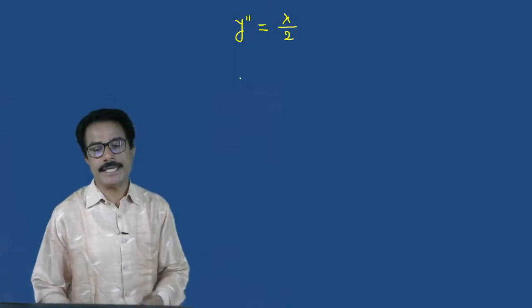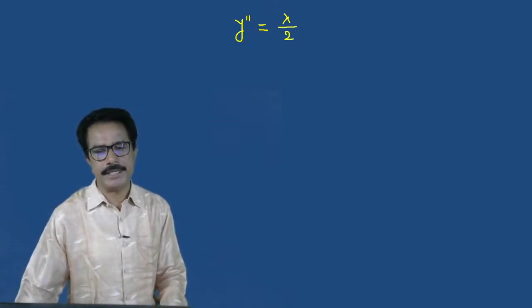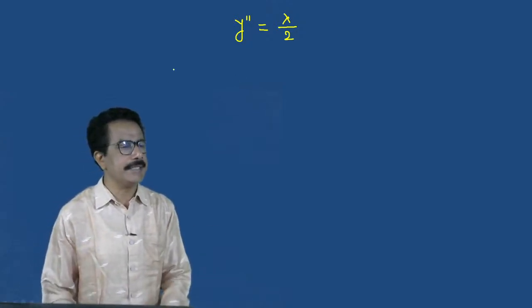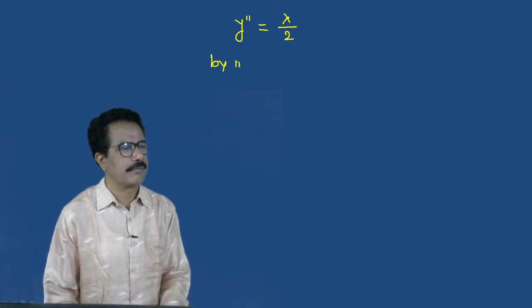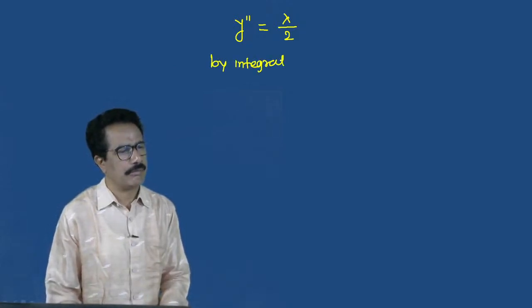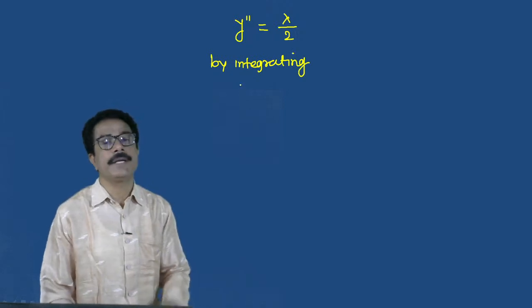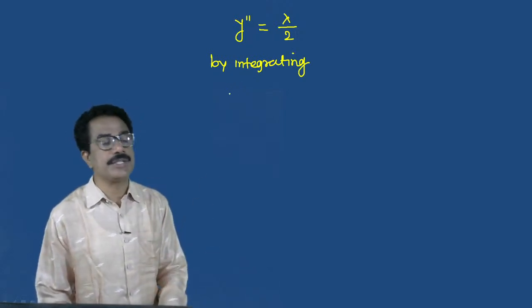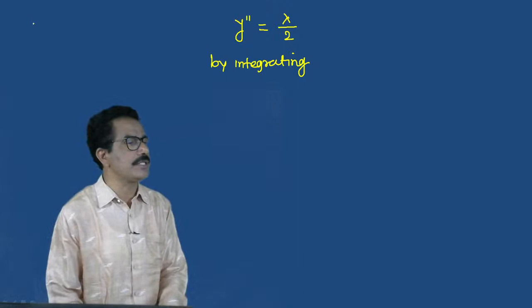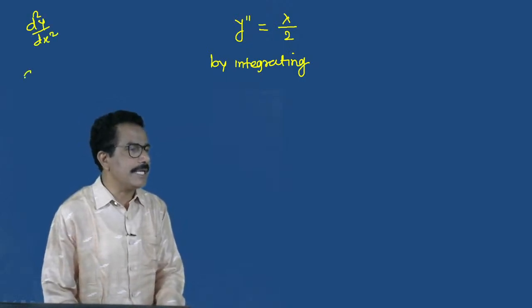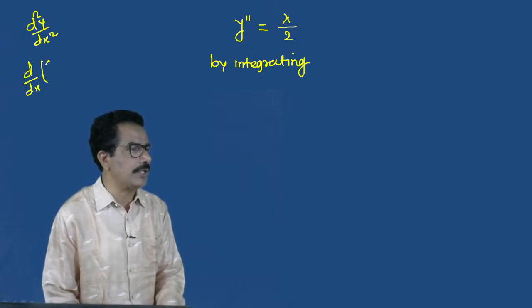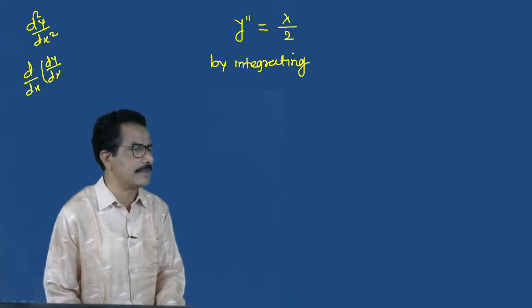So we can take the integration. By integrating, the double derivative changes into the single derivative. Double derivative means d2y by dx square, which can be written as d by dx of dy by dx.